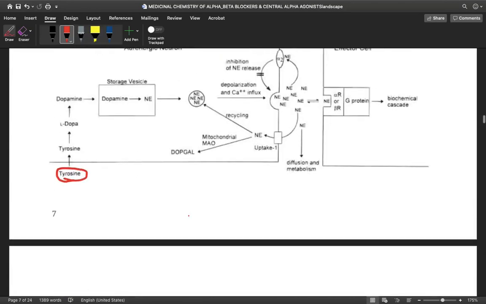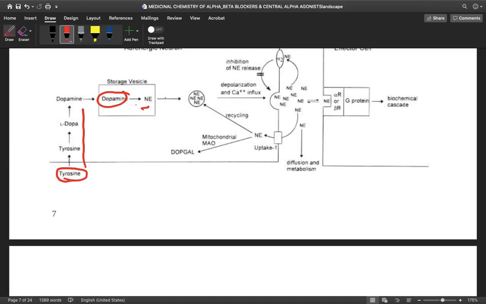So it's the same process that is drawn here. Once norepinephrine has been synthesized, it's going to be stored inside of storage vesicles.